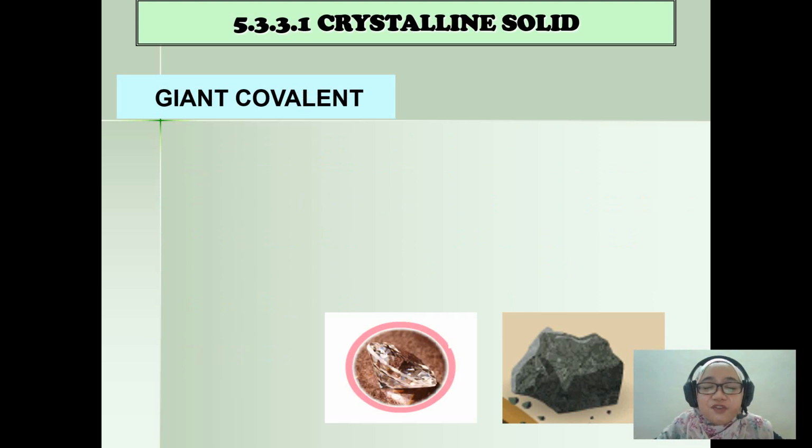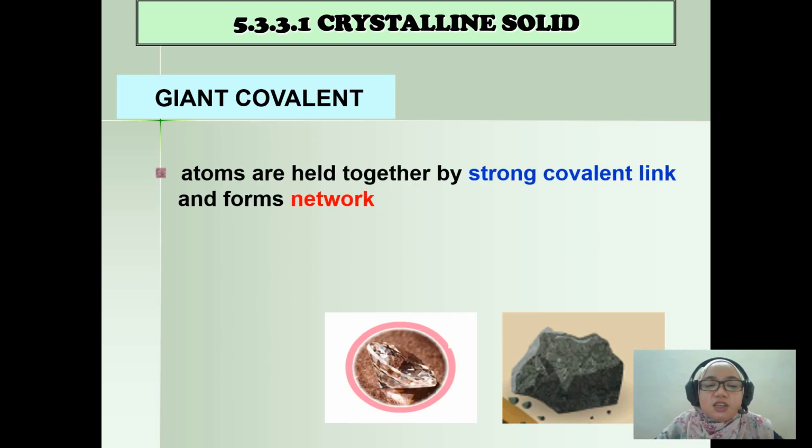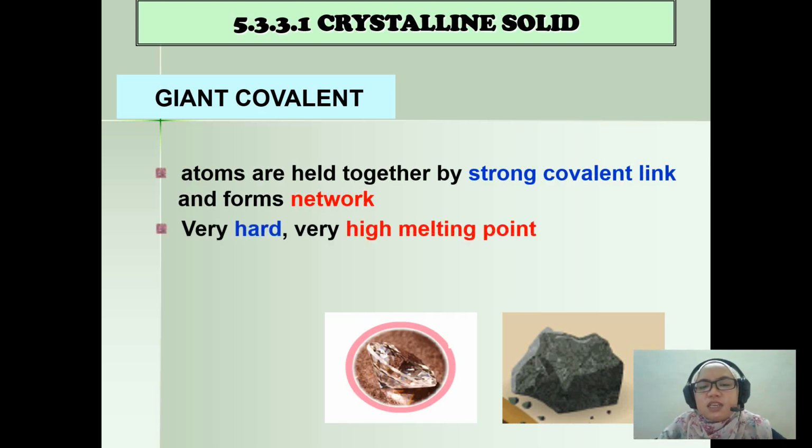Okay, so now we have a giant covalent. So what is giant covalent? So giant covalent solid are solid that are atoms that are held together by a strong covalent link and forms network. So it's very hard, it has a very high melting point. So giant covalent solid is the strongest solid, because it is held by strong covalent link.